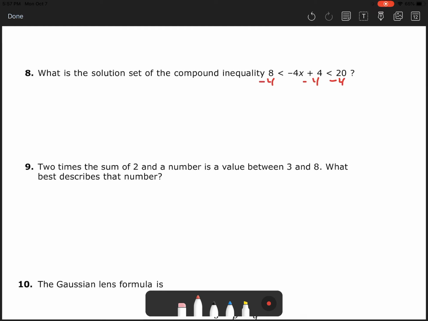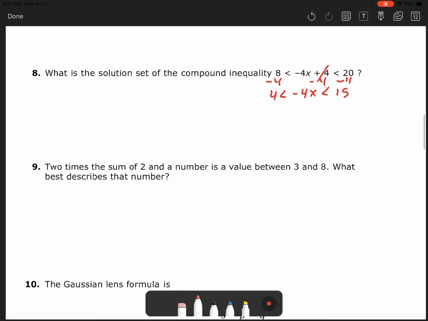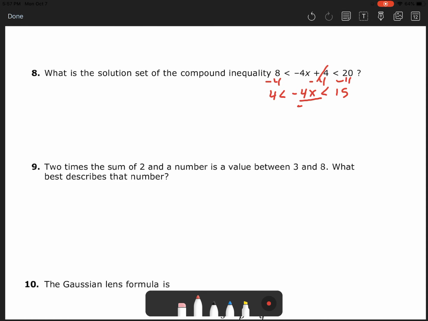So that's going to give me 4 less than, and then that's going to be negative 4x, less than negative, or not negative, positive 15. Positive 15. All right, and I'm going to divide by negative 4.